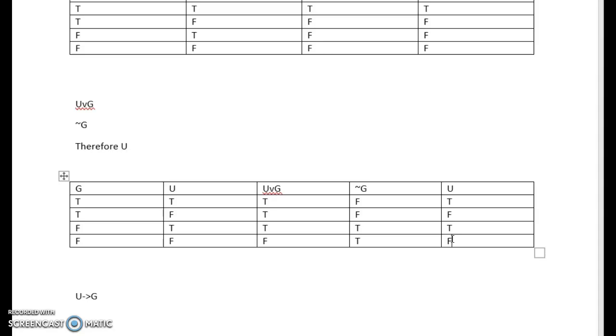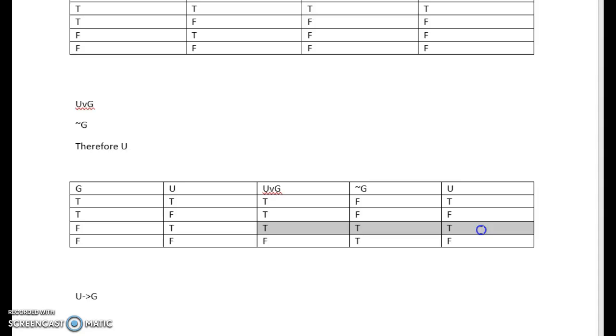So let's see if this argument is valid. Okay. So remember what I said, that the conclusion must be true when both premises are true. Okay. And the only instance where both premises are true is this row here, right? Where G is false and U is true.